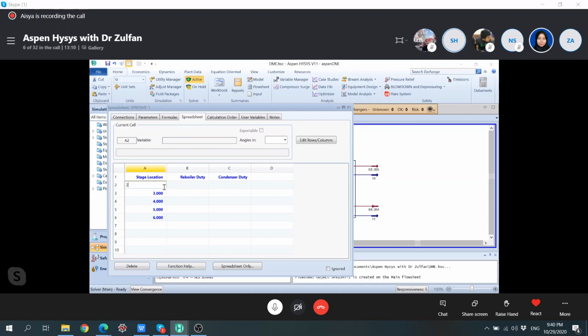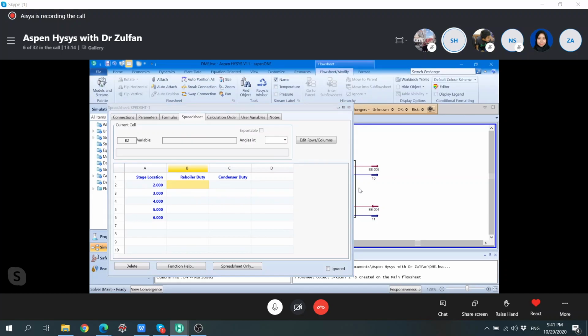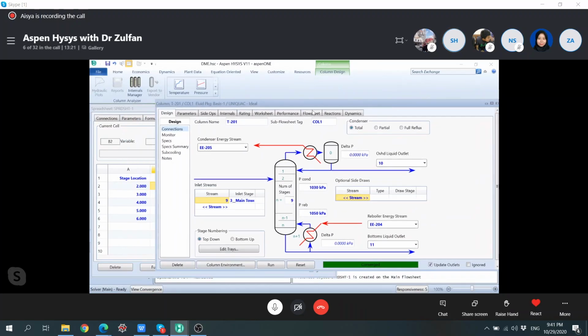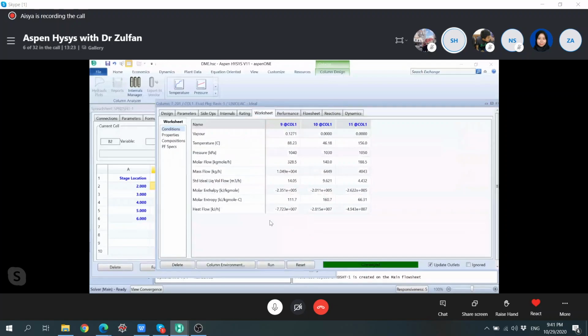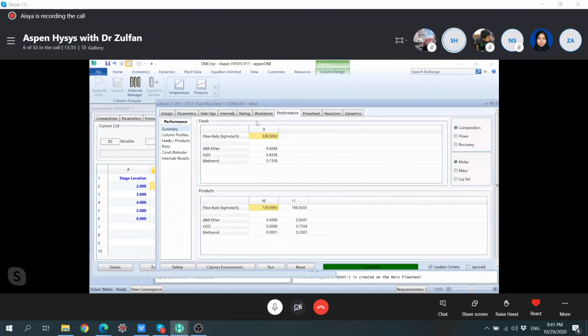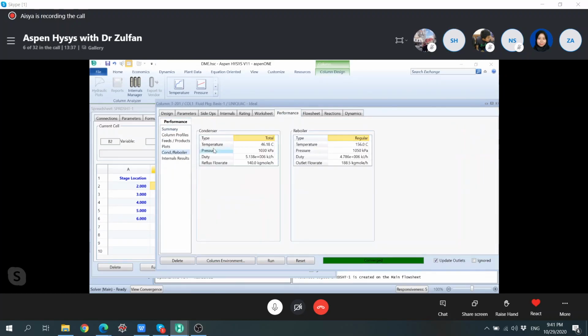Okay, now for stage 3, what is the reboiler duty for the current situation? I can move it aside, and I think in the performance or design and the monitors, that one, condenser reboiler. Yeah, that duty.